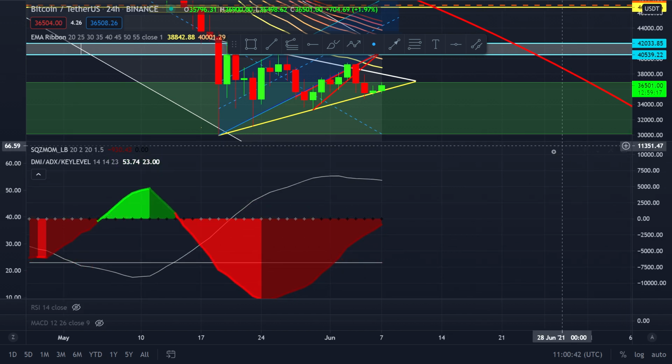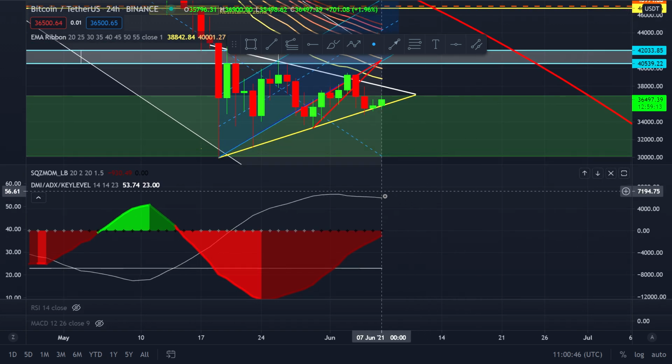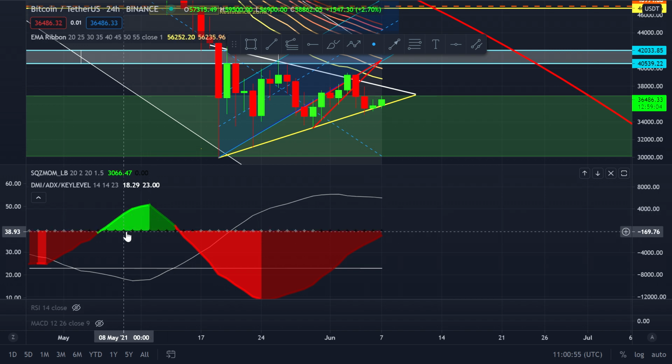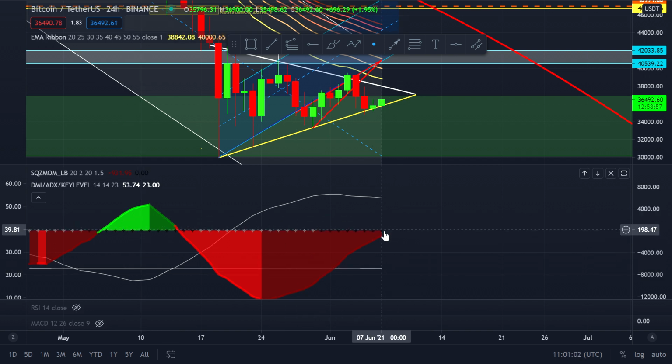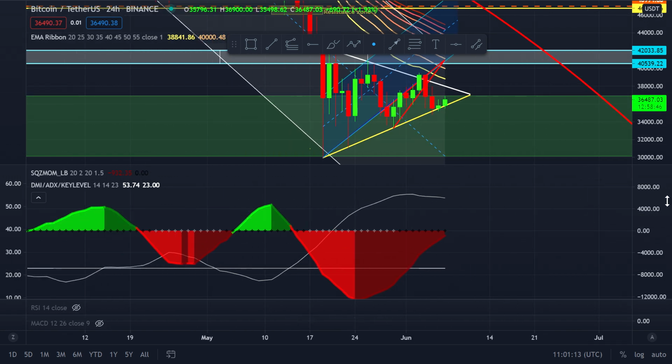If you remember my update a while ago on Twitter, I was saying that the squeeze monitor was about to turn green and the ADX is curving downwards, and I said if the squeeze and ADX on the daily curve towards the 0 point, so basically maybe 2-3 days from now, and we still see Bitcoin consolidating between 38 and 36 and 35, then I'm expecting a huge dump to happen.